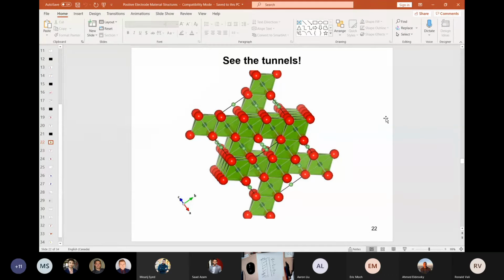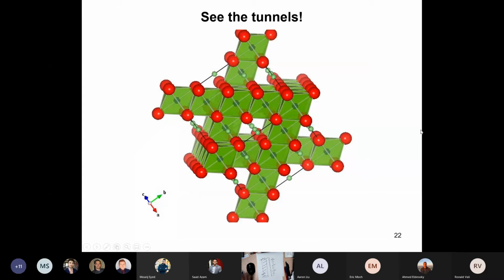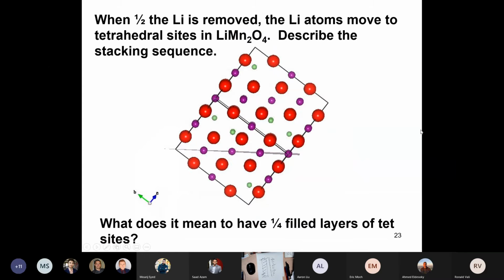Yeah, so this picture shows the tunnels. And we talked about this. I'm not going to describe the stacking sequence as it says here. So this is a 1-1-0 projection of the hexagonal cell of the material that's LiMn2O4. And you can see the lithium in the tetrahedral sites. How do you know it's a tetrahedral site? You know it because it's directly above an oxygen atom.